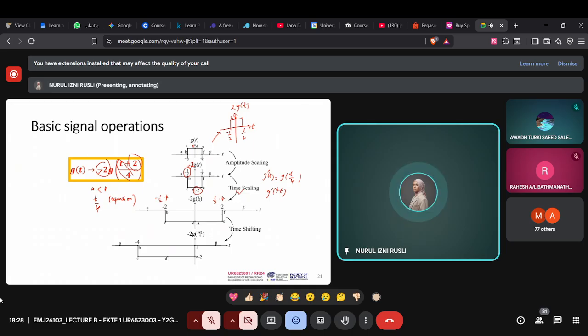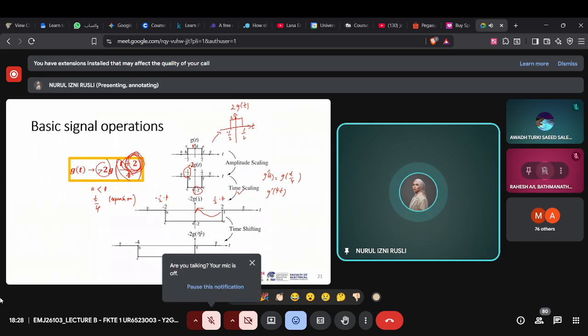So lastly, when you did the time scaling, you do the time shifting. So time shifting in this case, you are having an advance because it is positive by 2. So that's why you have to move to the left by 2.